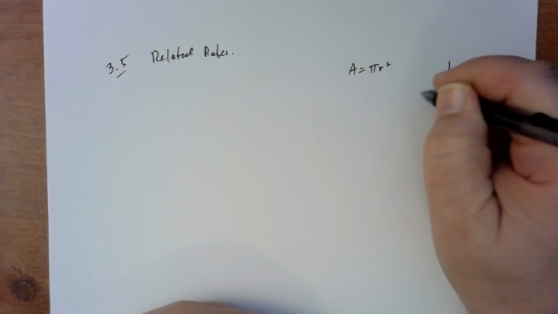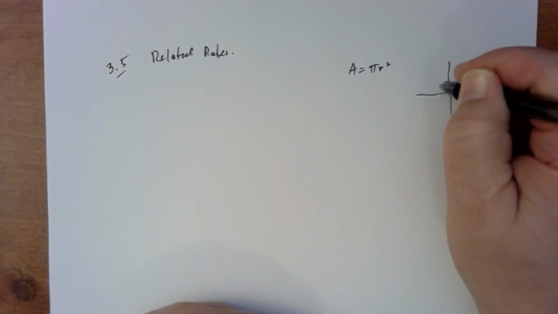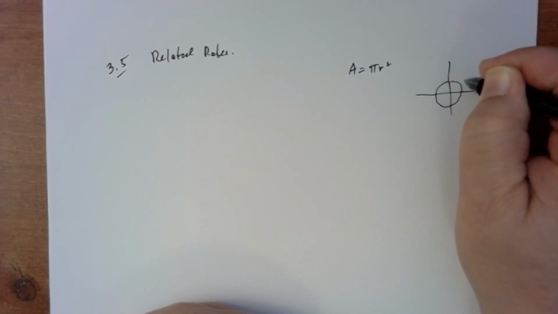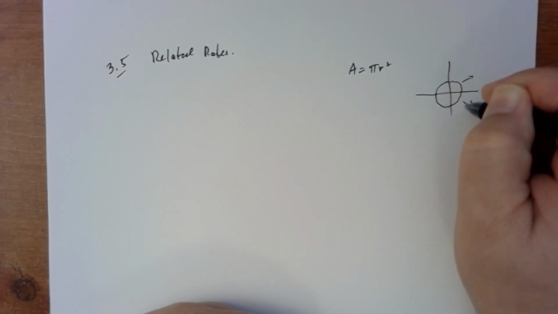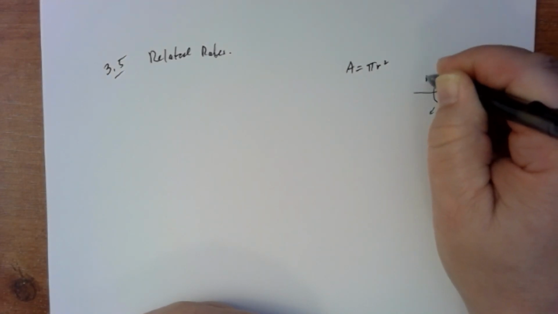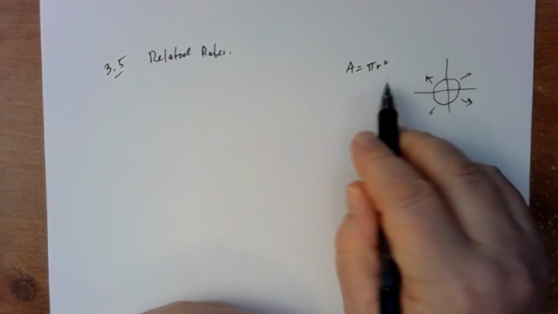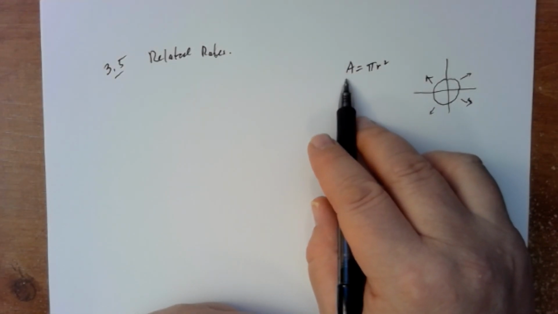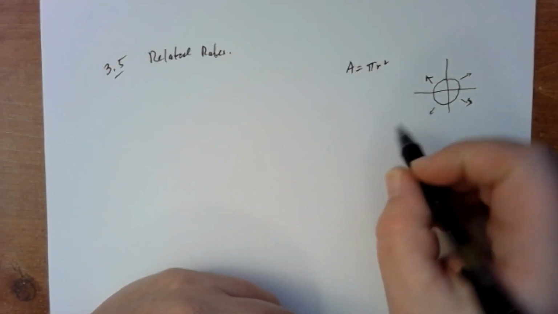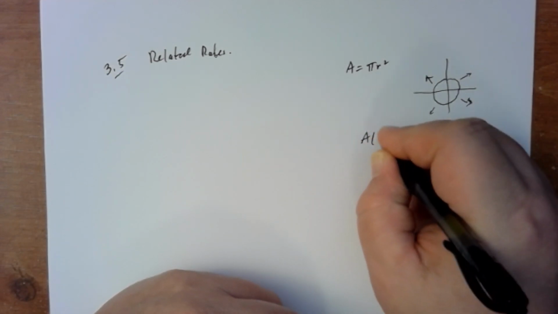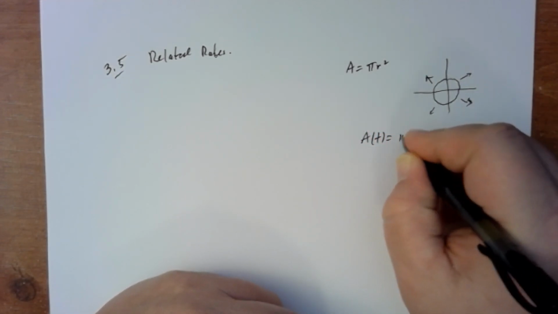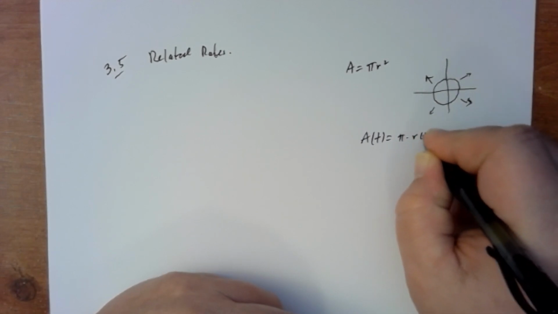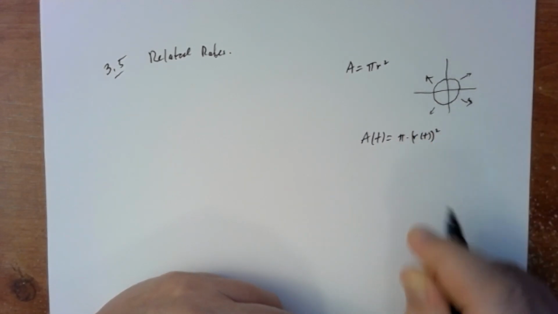But suppose that your circle is getting bigger and bigger over time. That would mean that the radius is increasing in time, and that would also mean that the area is a function of time. And so you could write then that the area as a function of time is pi times the radius as a function of time squared.